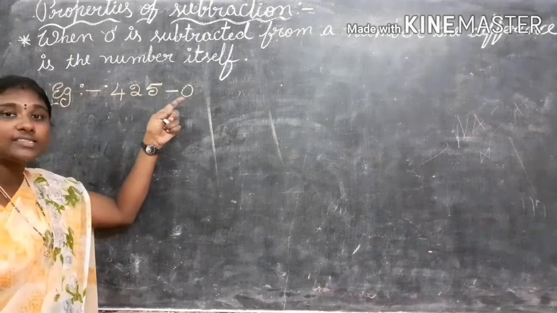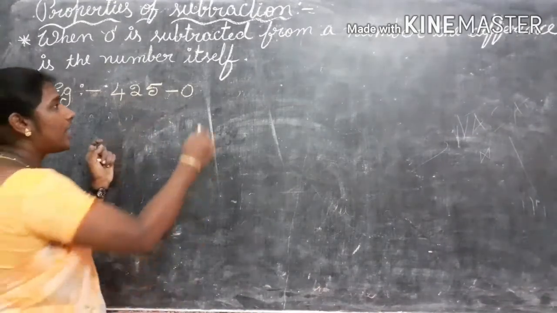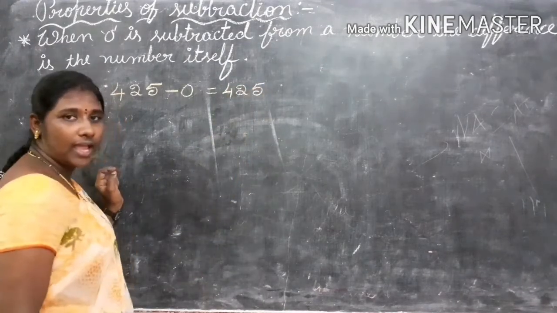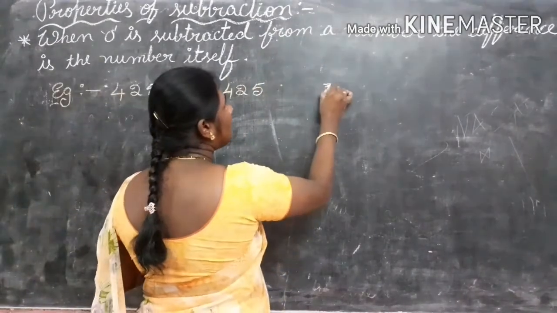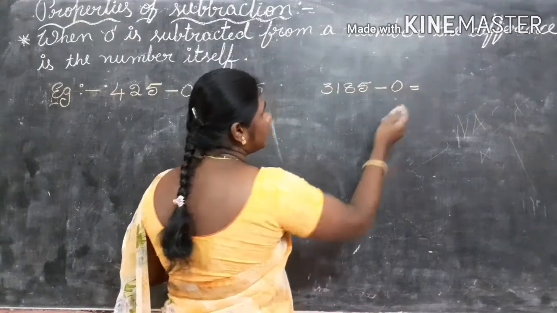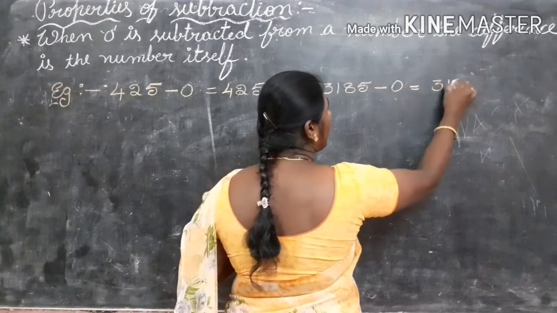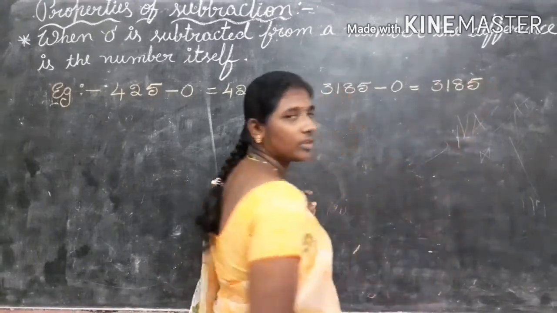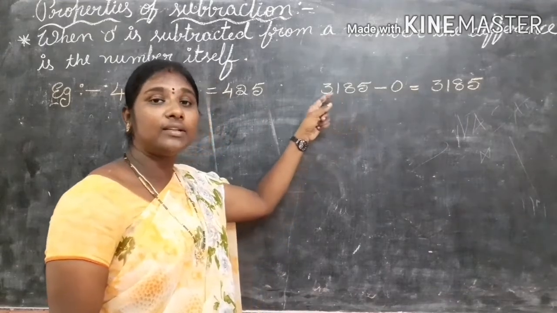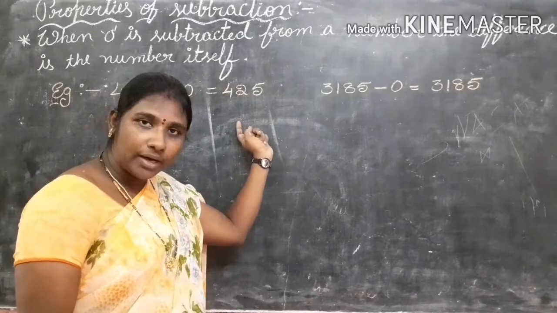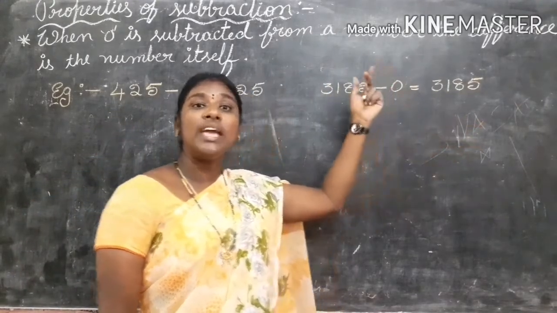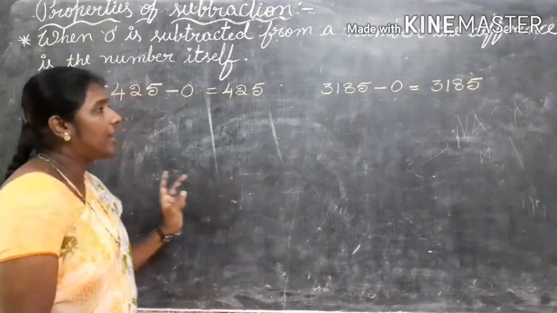We are subtracting 0 from this number. How much are we getting? Yes, the same number, 425. 3185 minus 0 is equal to 3185. Whatever number we subtract 0 from, we will get the same number.